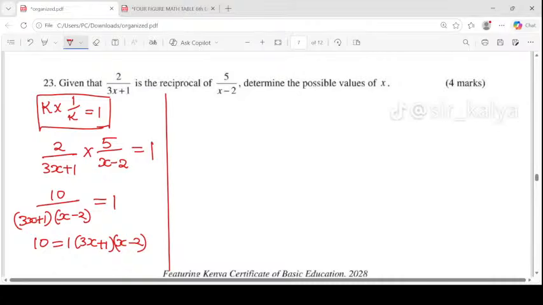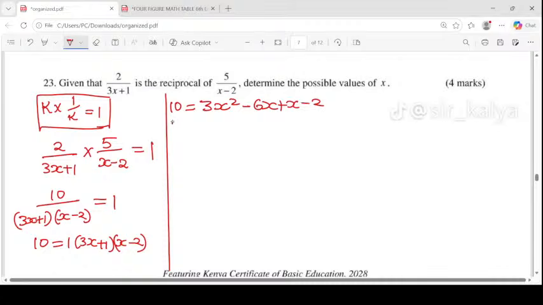So this means I can have this as 10 is equal to 3x times x, which will become 3x squared. 3x times negative 2 will become negative 6x. 1 times x will become plus x. 1 times negative 2 will become negative 2.